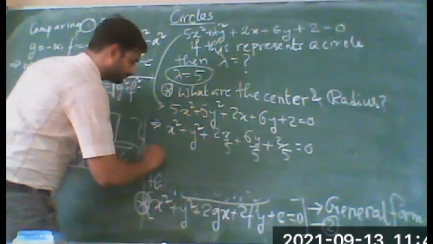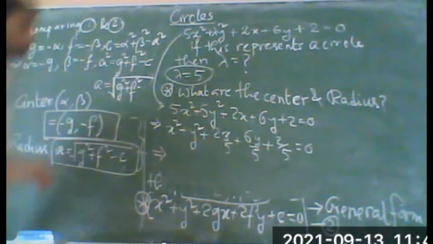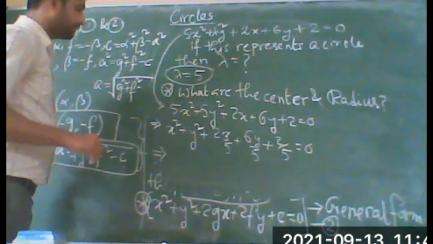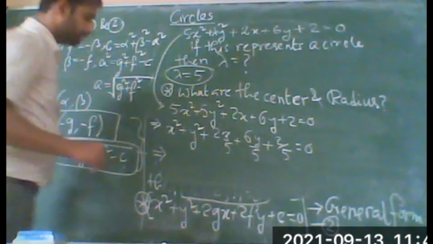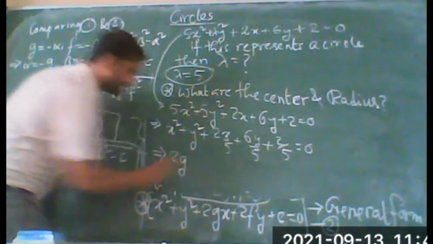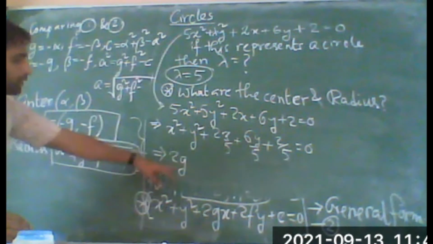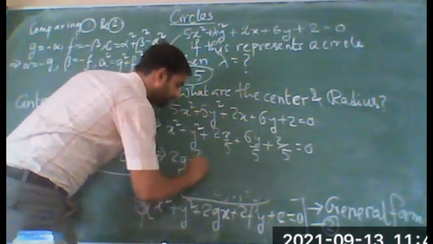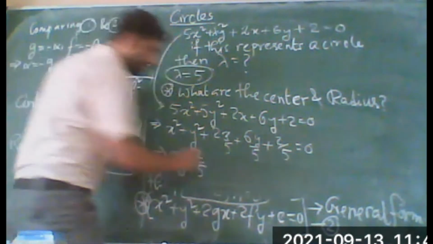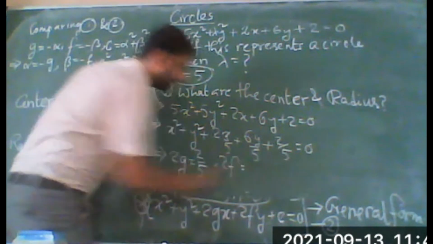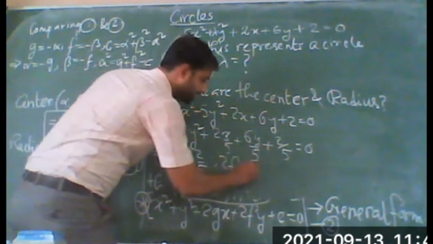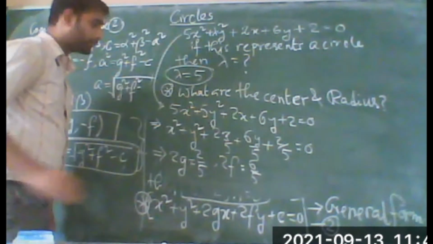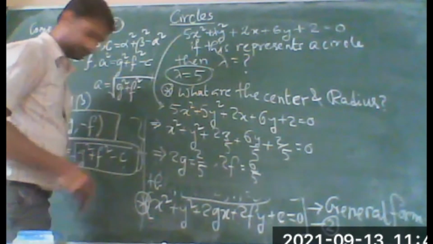And then see, if you compare it with the general form, 2g is the coefficient of x, that means it is 2 by 5, and 2f is the coefficient of y, so that is here 6 by 5. So from these two, you can calculate the value of g and f.